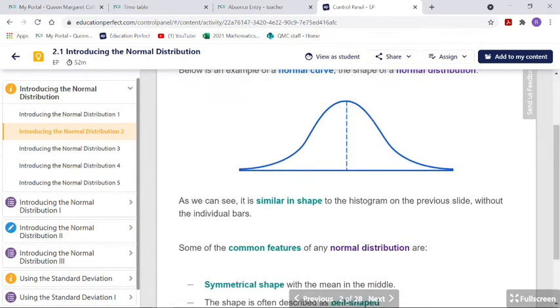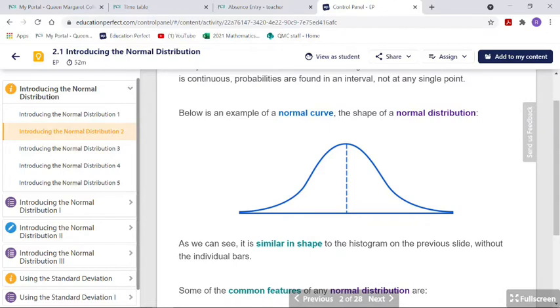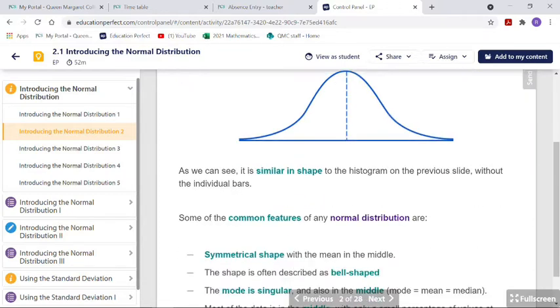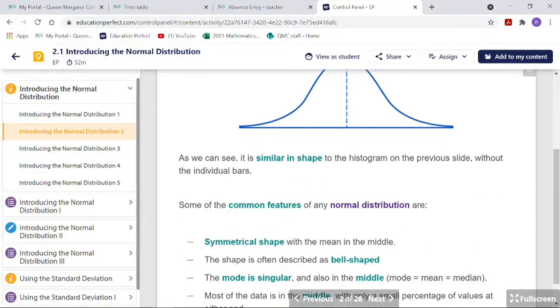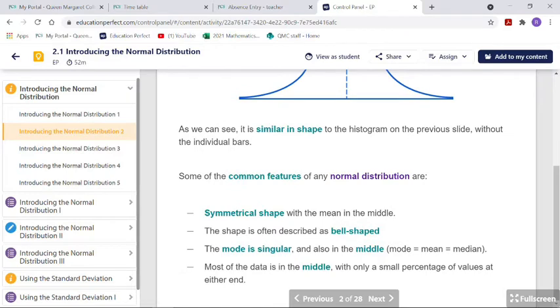So here's an example of a normal curve. Now this one is exactly perfect. That'll never happen to you, but you're going to see them. But you see that it's still very similar to what we just saw. If you folded it in half right there in the middle, then they would fall exactly the same on both sides. The shape is described as bell-shaped.